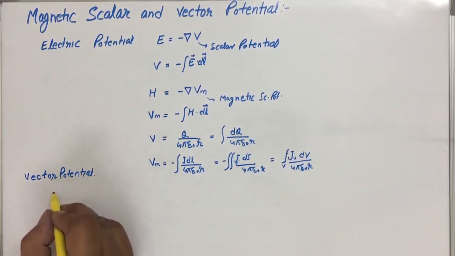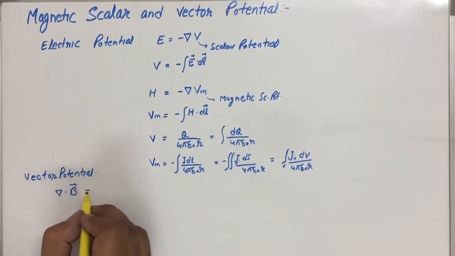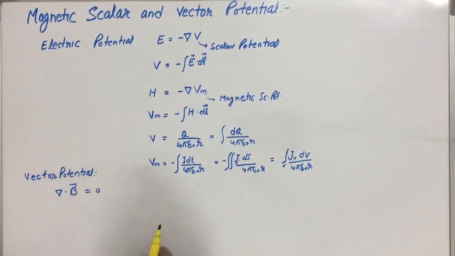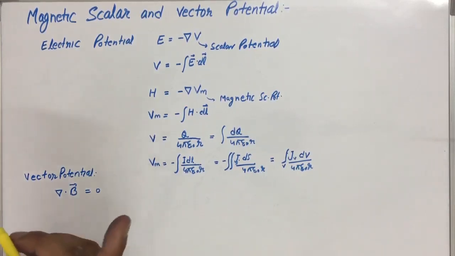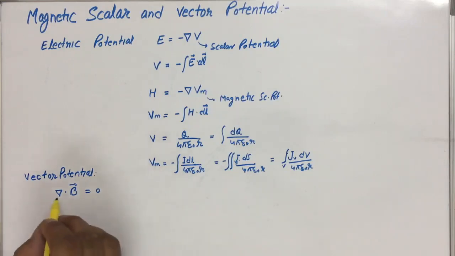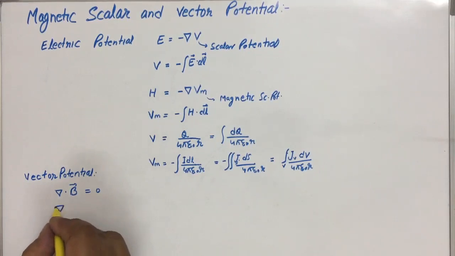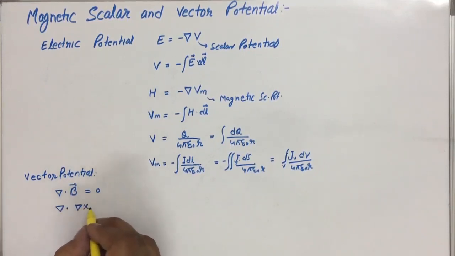We know that del dot B is equal to 0, and in the beginning of this course we studied that the divergence of curl of any vector is 0.